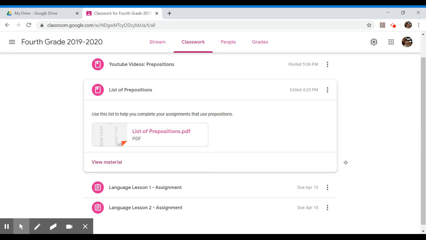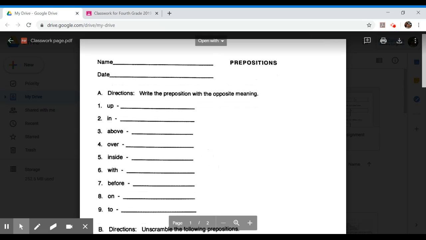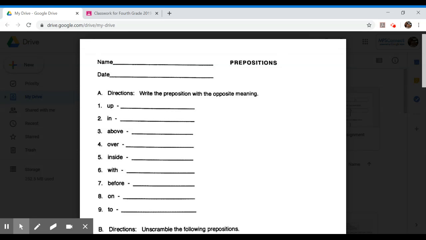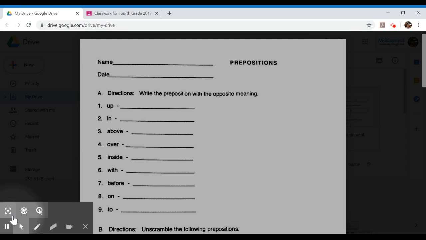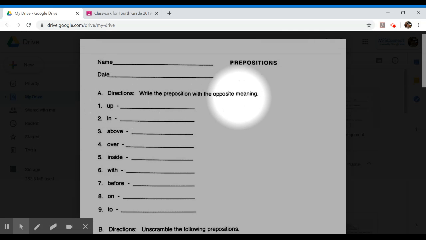And what we are going to review together today is some of the prepositions on that page. So the first one is we're going to write the preposition with the opposite meaning. And now I want you to remember that I'm not there with you. So it's going to be very important that you are reading directions very carefully on your assignments.